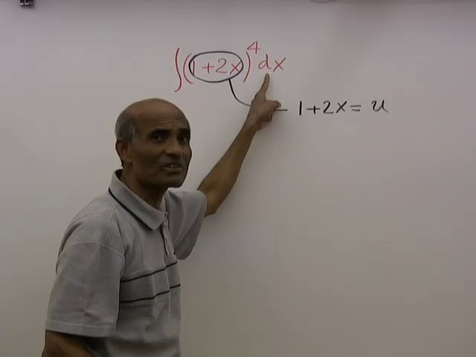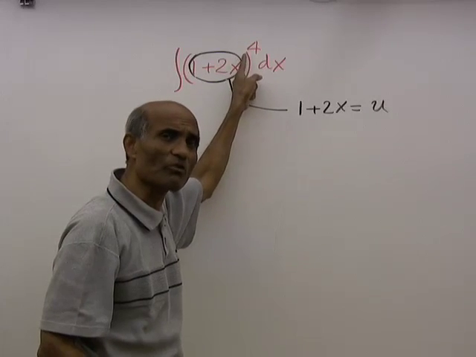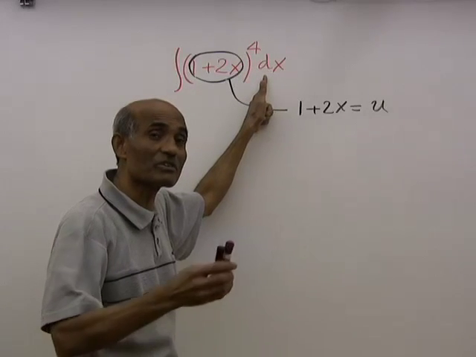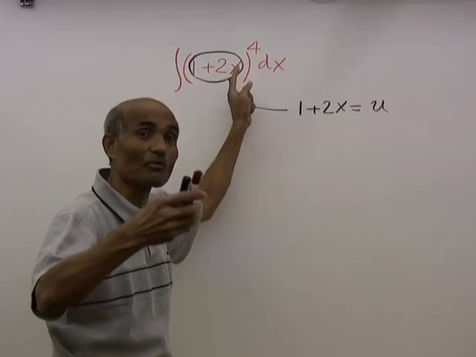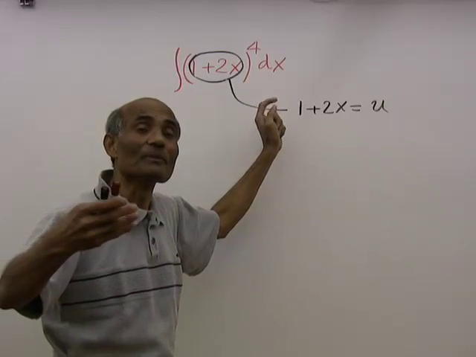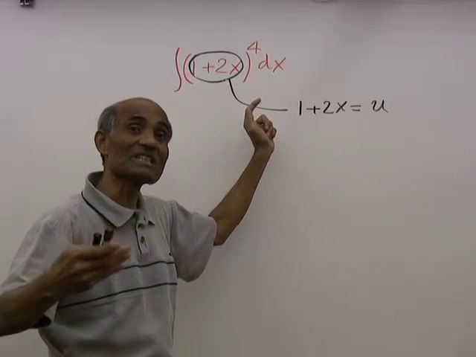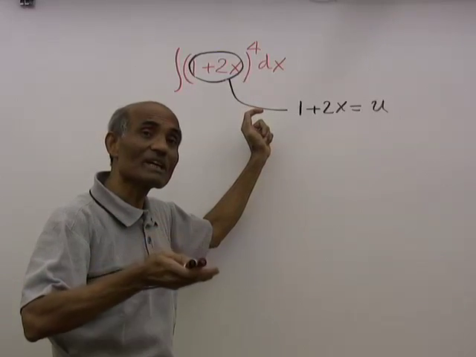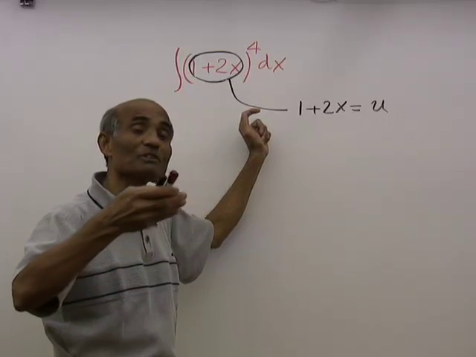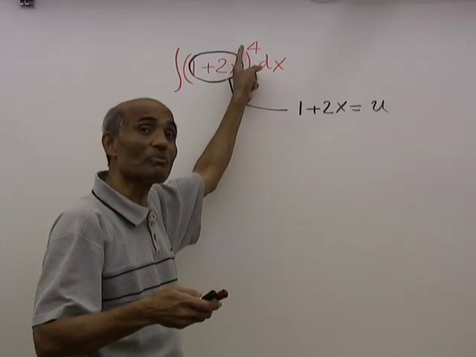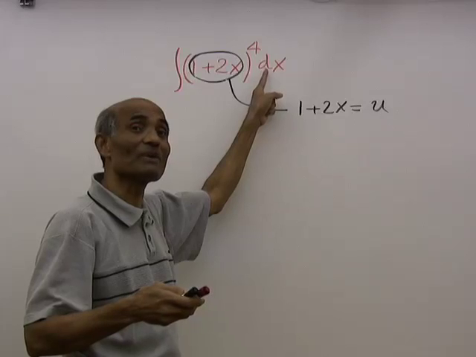But can you integrate u to the power of 4 with respect to x? No, you can only integrate u to the power of 4 with respect to u. You can integrate t to the power of 4 with respect to t. You can integrate x to the power of 4 with respect to x. You cannot integrate u to the power of 4 with respect to x.